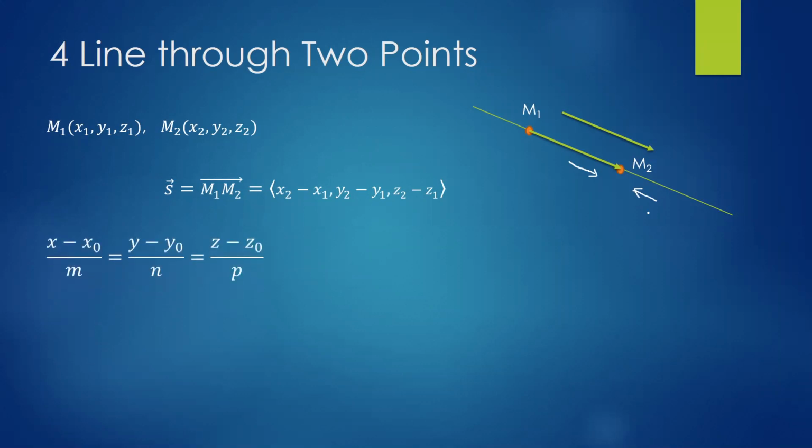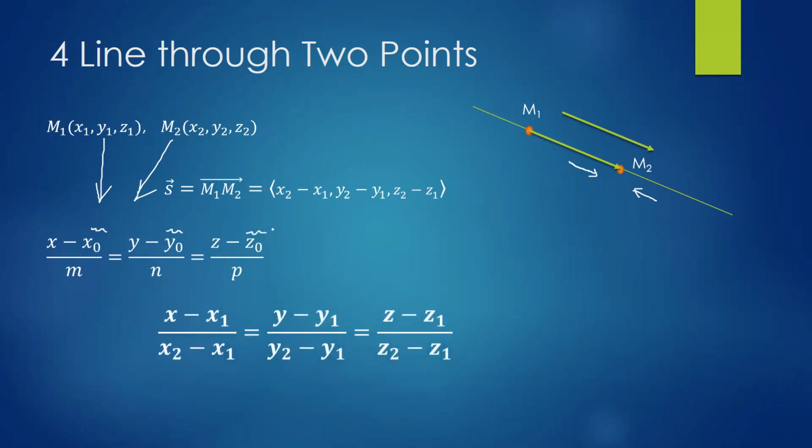And then these are the canonical equations, from the previous. So what do we do? We replace M and P by these differences. And of course, x0, y0, z0 could be replaced by either the coordinates of M1 or the coordinates of M2, whichever you want to choose.